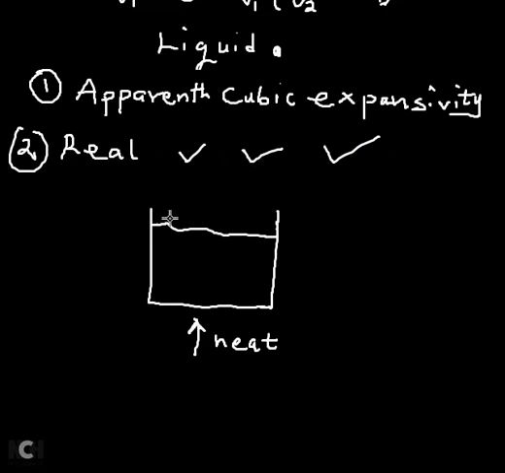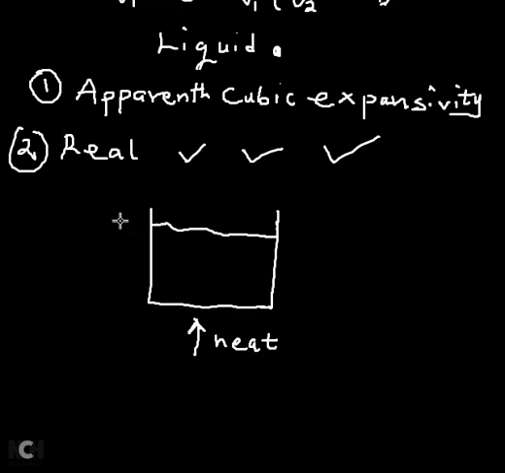Okay, so that now brings me to the difference between the apparent cubic expansivity and the real cubic expansivity. The apparent cubic expansivity is the expansivity that is measured without taking note of the expansion of the vessel that is containing the liquid. So of course, that is apparent. Why? Because you didn't consider the fact that as you're applying the heat, not just the liquid will expand, the vessel that is containing the liquid will also expand.